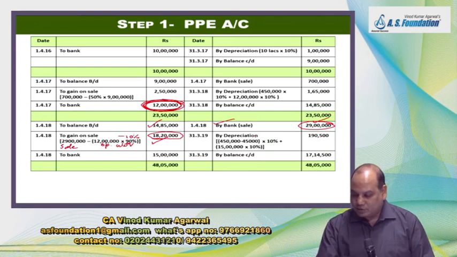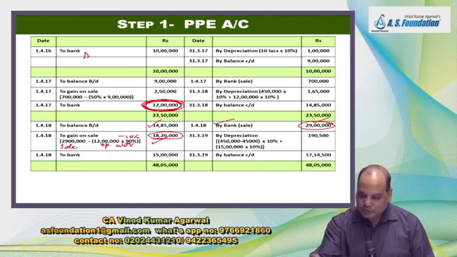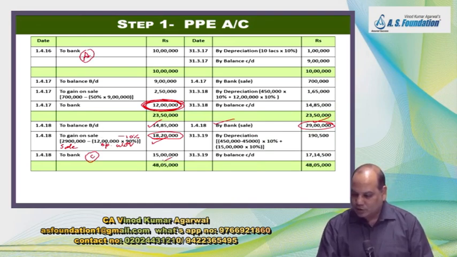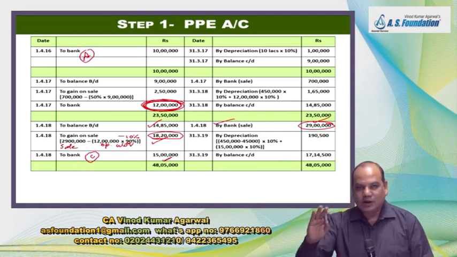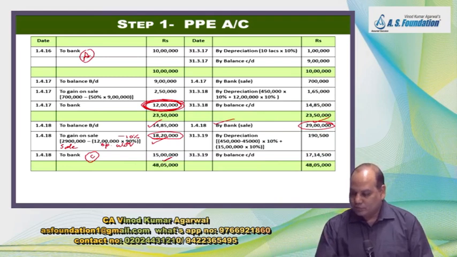And by depreciation. Now by depreciation we have two assets remaining. This asset A and this asset C which you purchased for 15 lakh. Asset A, 50% is remaining and it has been depreciated for 2 years. So I have written 4,50,000, which is the opening balance of the last year, minus depreciation 45,000, into 10%.